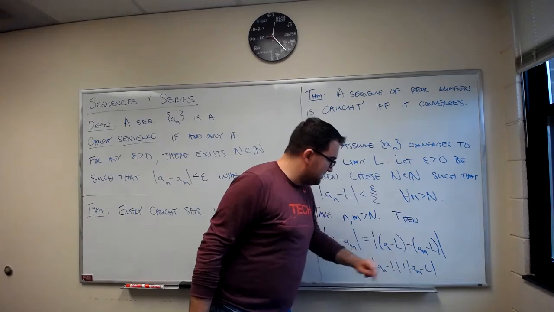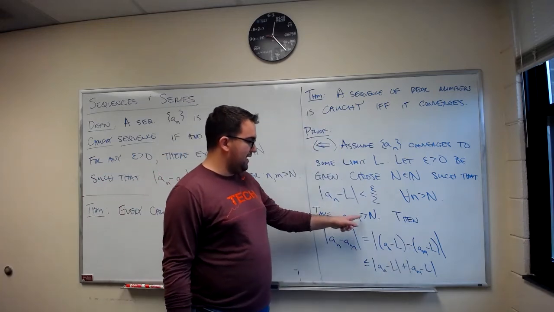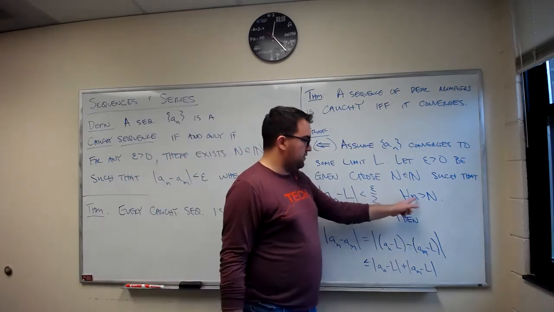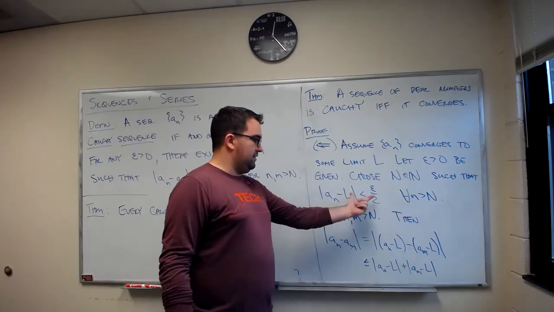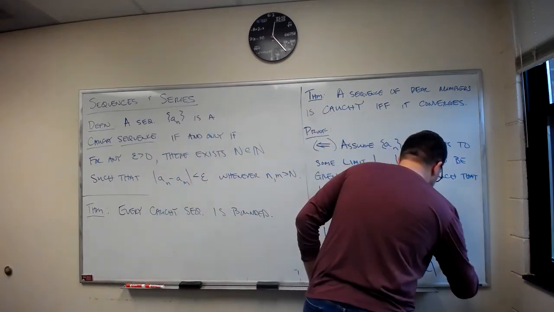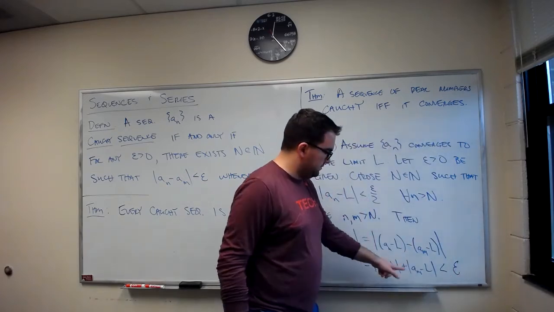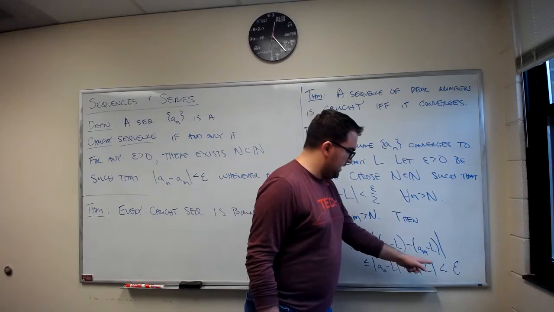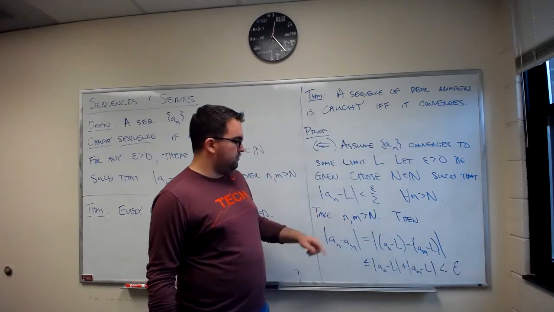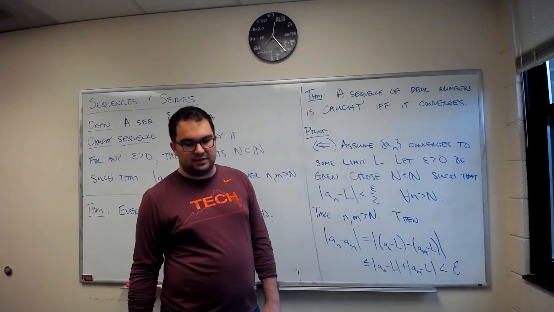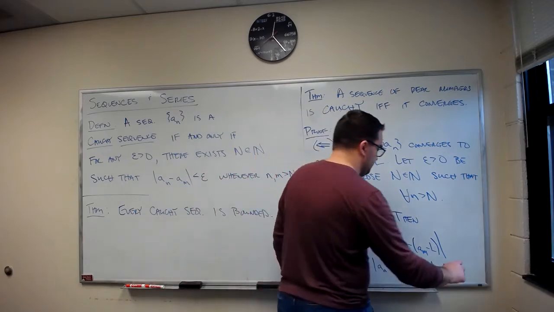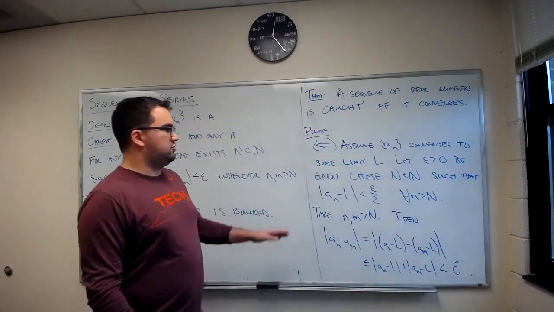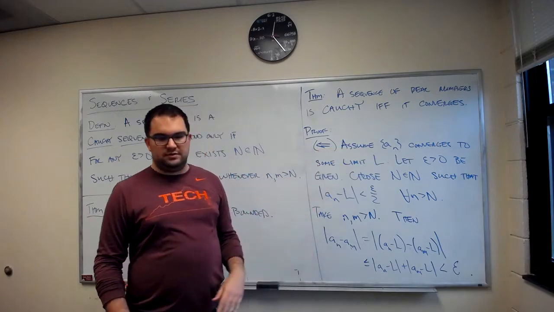And I also know that this is less than epsilon over 2 because both n and m I've chosen to be greater than this capital N. And whenever these things are greater than capital N, then this inequality holds. So each of these is less than epsilon over 2, so the whole thing is less than epsilon. And so I have |a_n minus a_m| is less than epsilon when n and m are greater than this capital N, which is exactly what I want. So that's the first half of this. And so I've shown that if I start with a convergent sequence, it must be Cauchy.